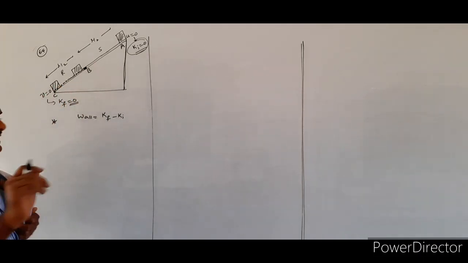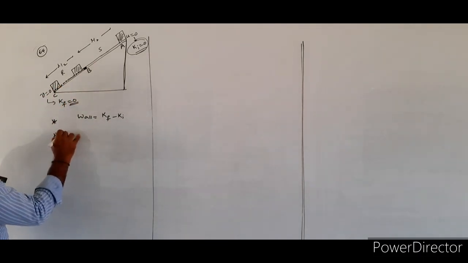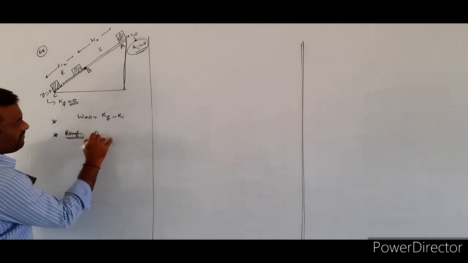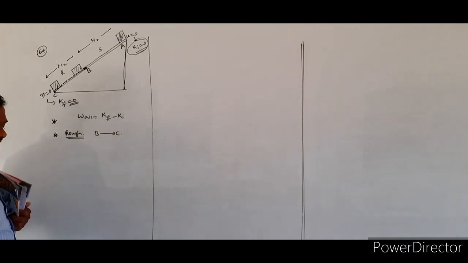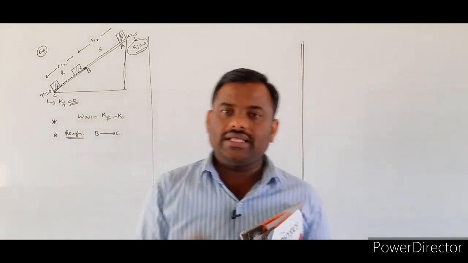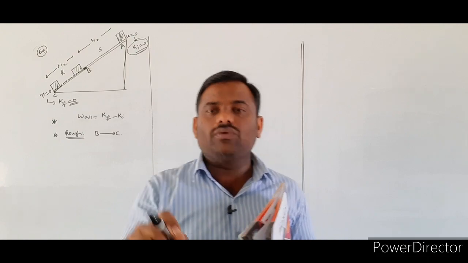First we will discuss the rough inclined surface. The rough inclined surface will exist from where to where? B to C. Is it right? That means only from B to C will the frictional force exist.